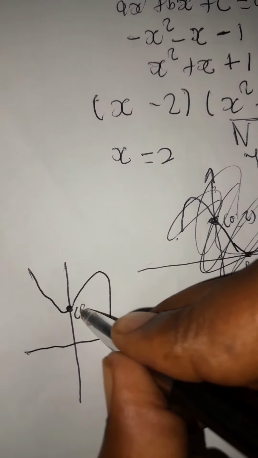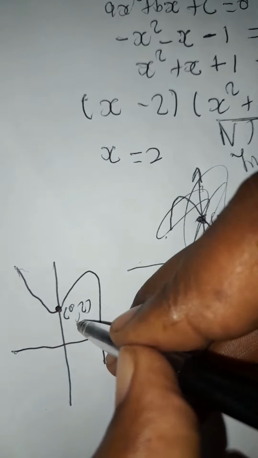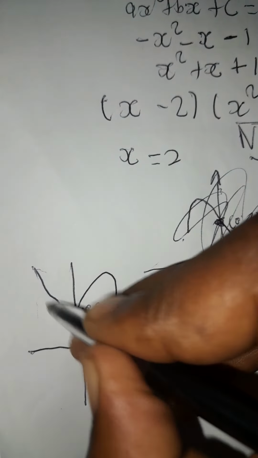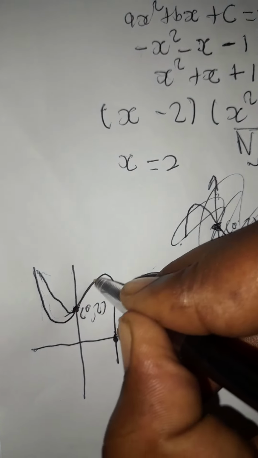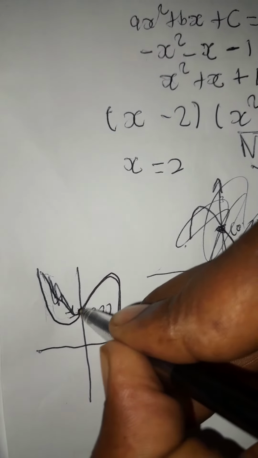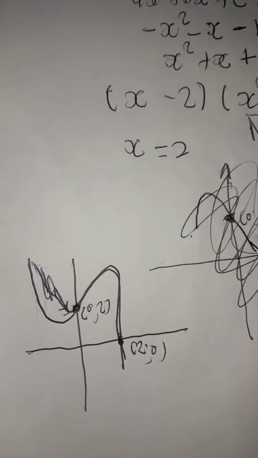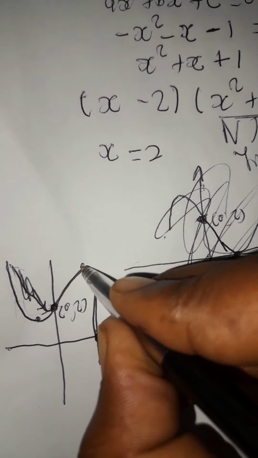So we have 0 and 2. Oh, so this is not a y-intercept. This is not a turning point, so it should be somewhere here. Sorry for that. So yes, this is the y-intercept. So this is the turning point. We also have a turning point here.